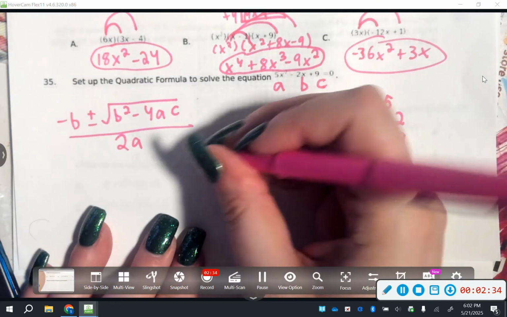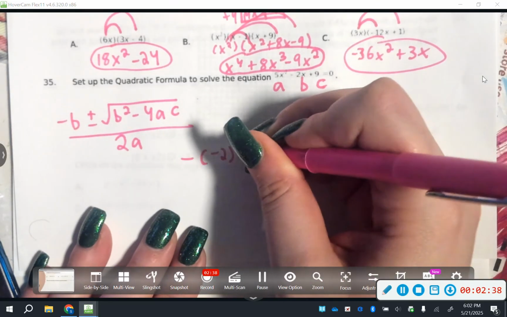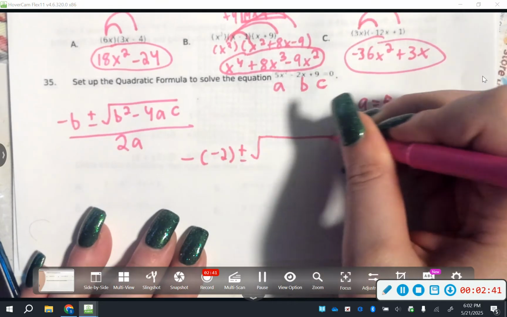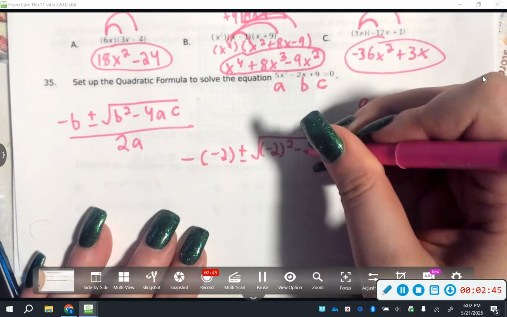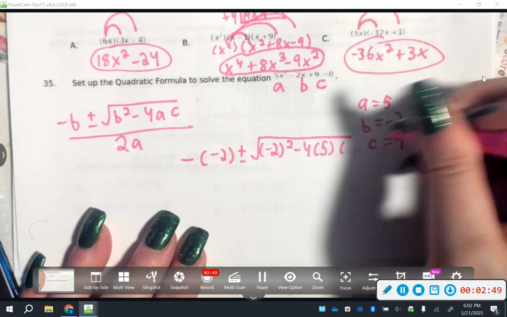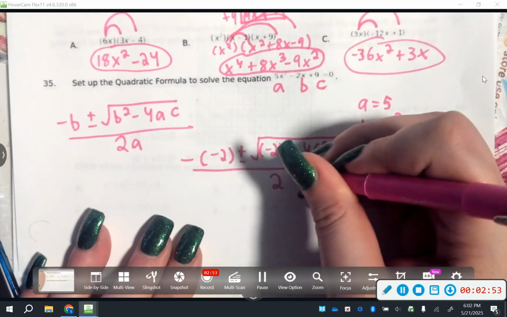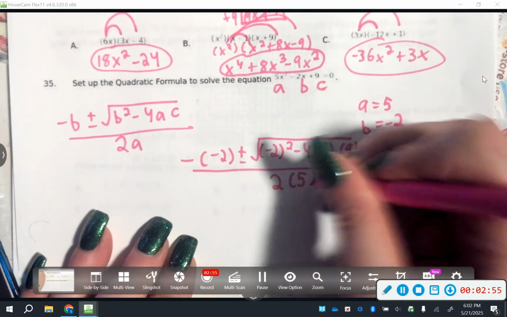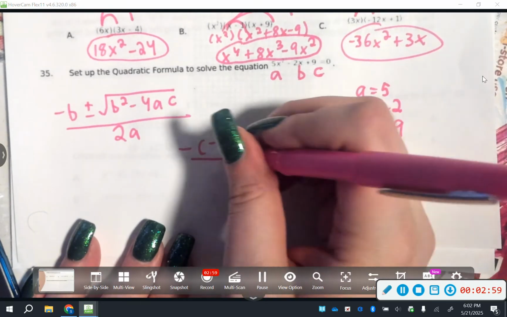So if I plug this into my formula, we have negative, our b is negative 2, plus or minus the square root of b squared, negative 2 squared, minus 4 times my a, 5, my c, 9, all over 2 times 5. They're usually not going to leave it like this. They're usually going to simplify.